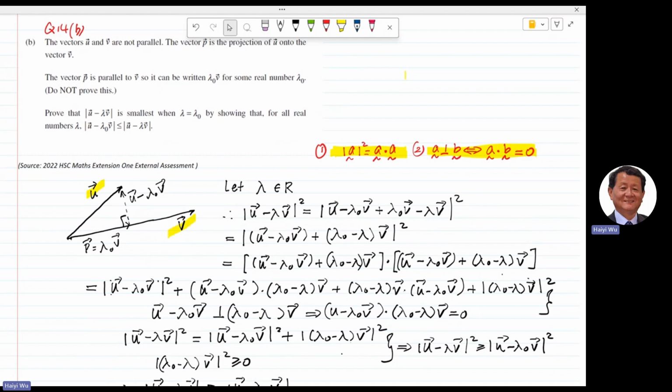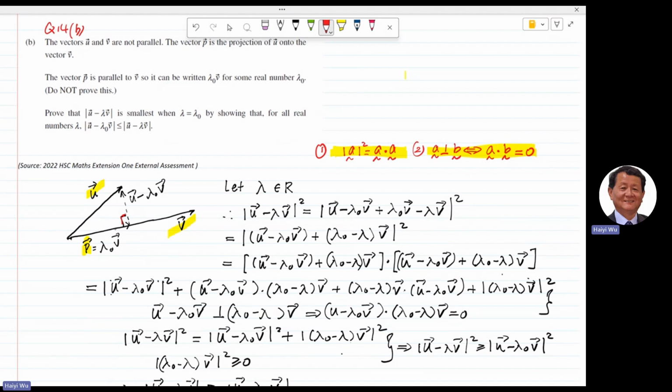So these are the 2 vectors. They are not parallel, but we've got another vector here, vector P, which is the vector projection from U onto V. So projection means you have to be at a right angle. So that's perpendicular.